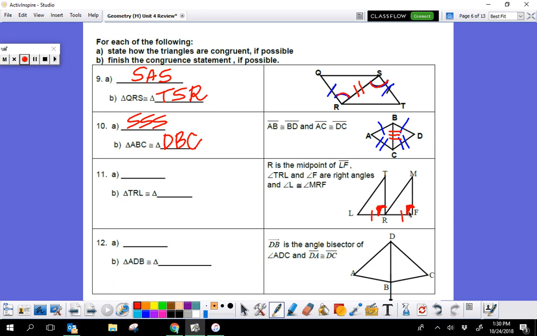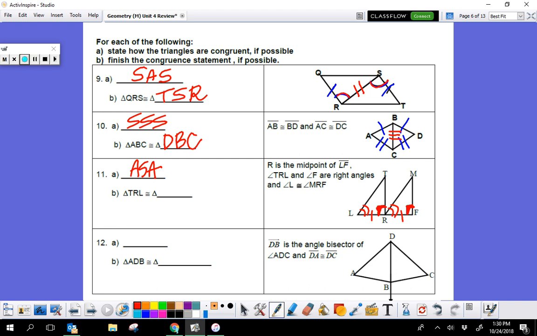And then it says angle L is congruent to MRF. So that would be this angle here. Okay, so now I see an angle, a side, and an angle, so I can prove these are congruent by ASA.